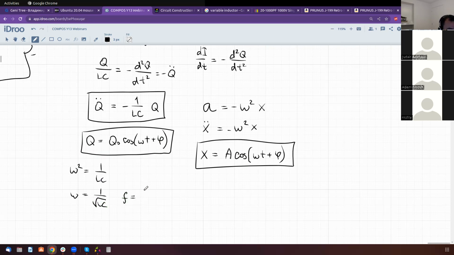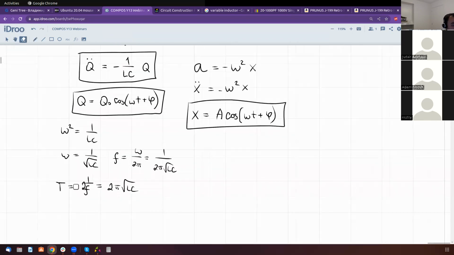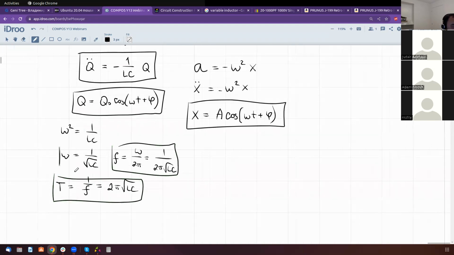Frequency is omega divided by 2 pi, which is 1 over 2 pi square root of LC. And the time period is 1 over frequency, which is 2 pi square root of LC. All formulas which you are already familiar with from earlier today. So you've got the time period, the frequency, the angular frequency, and the equation.